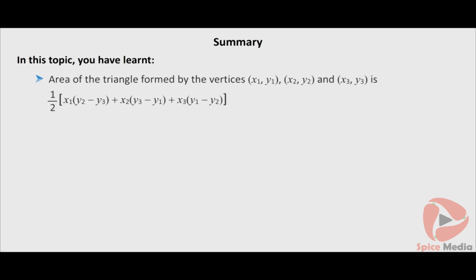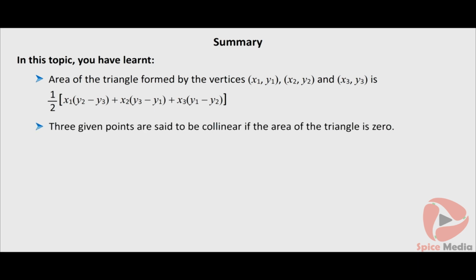In this topic you have learnt that the area of the triangle formed by the vertices (x1, y1), (x2, y2) and (x3, y3) is half into x1 into (y2 minus y3) plus x2 into (y3 minus y1) plus x3 into (y1 minus y2).